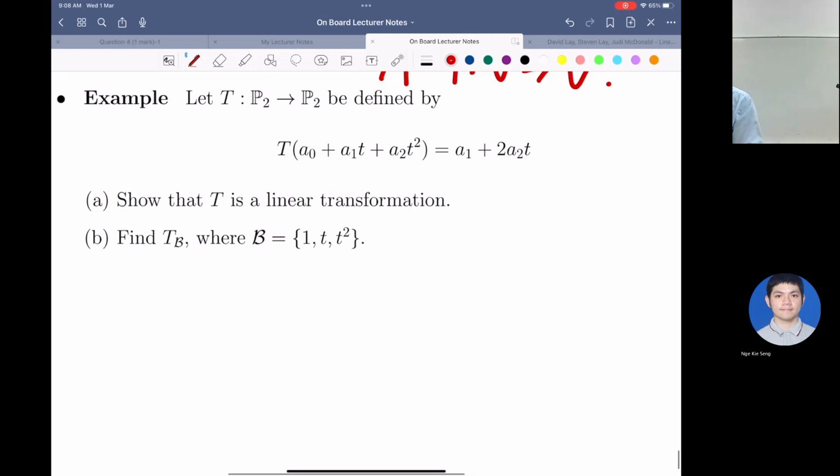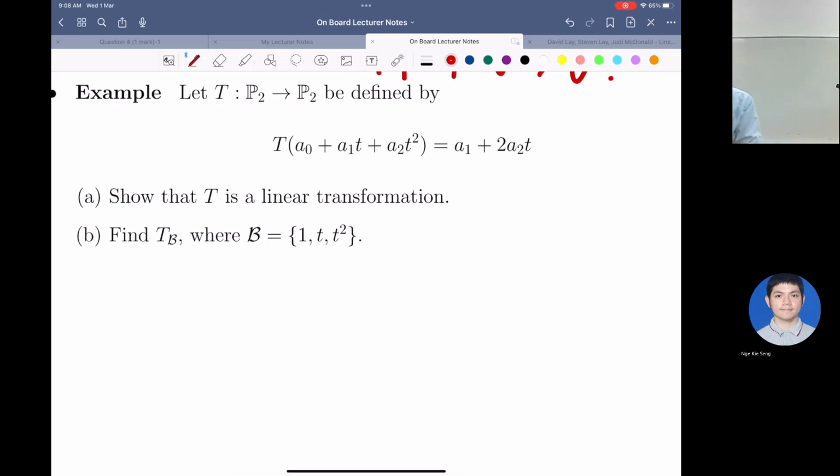Next example. T, a linear transformation from Pn to Pn, defined by, if I give you this general element, what I get is A1 plus 2A2 t. First of all, we need to check whether this is a linear transformation or not, because we only care about linear transformations. Remember what we do for linear transformations?